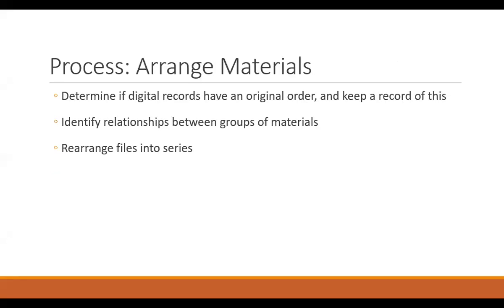Then you'll want to arrange the materials intellectually. So first you can try to determine if the materials coming into your collection have an original order. And if you decide to change that, be sure to keep a record of their original order. Then you'll identify relationships between the groups of materials and rearrange files into series that make sense for your collection.